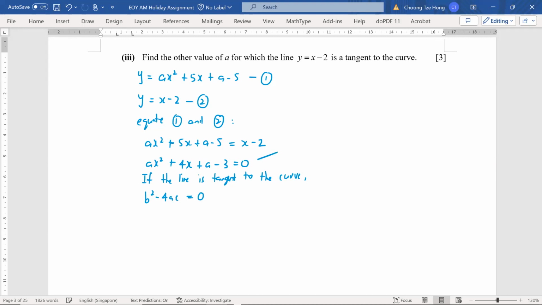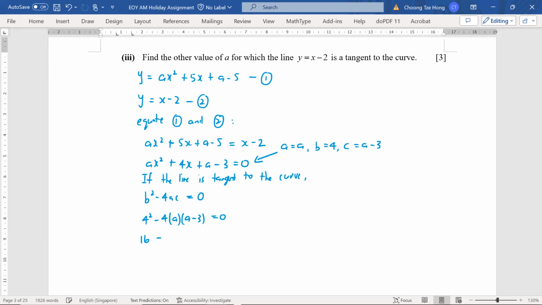In this particular question, a is equal to a, b is equal to 4, and c is equal to a minus 3. We're going to sub in all these values and solve for a. So b squared minus 4ac equals 0.